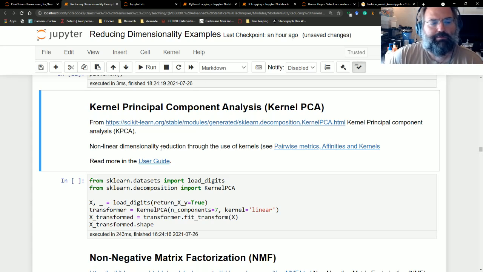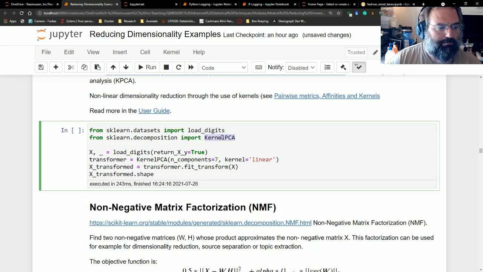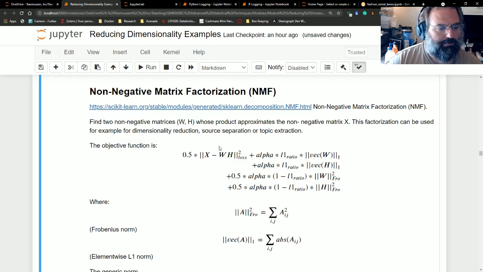And then there's also variations of PCA, including a kernel version of it, and it uses kernels to do the reduction. There's a lot of stuff in that. If you want to dig into it, we can. But short version of it is decomposition kernel PCA. This is doing it on the digits data set that I'm sure you've seen.